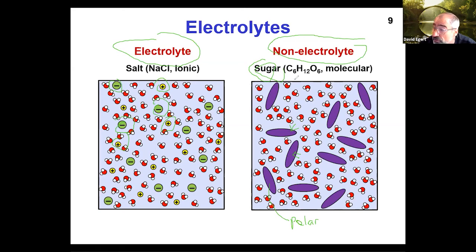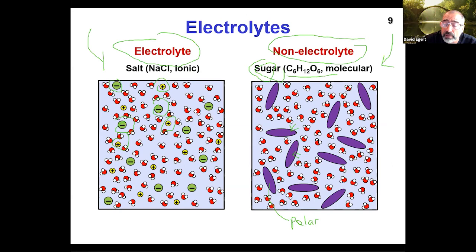And also, since it does not break into individual charges, it won't conduct electricity either. So both are dissolving, both are going into solution, but with some fundamentally different properties as well.